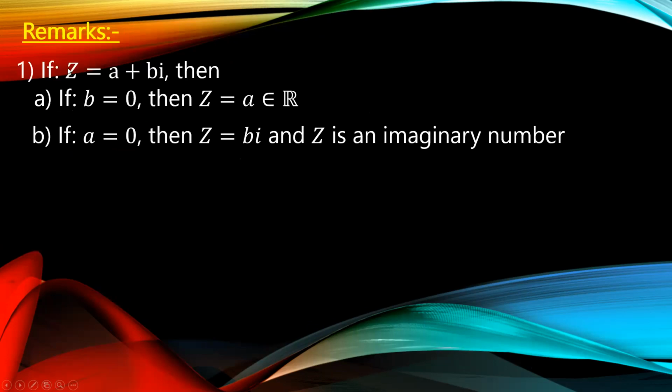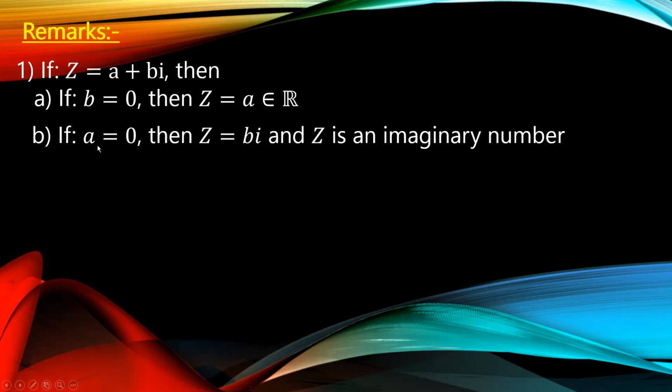Here, a remark: if z is a complex number equal to a plus bi, where a is the real part and bi is the imaginary part, then if b equals 0, z equals a, which belongs to R, and is a real number.